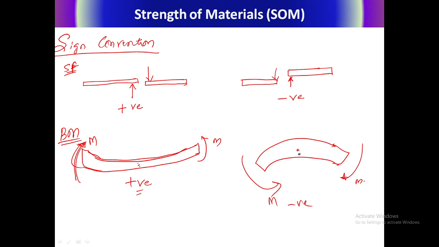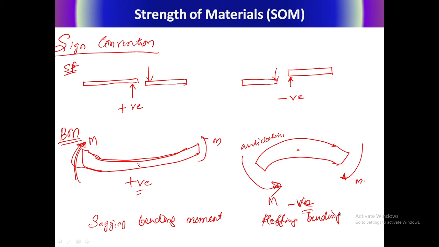About the point of a beam, if the left side portion tries to make an anti-clockwise moment, then you can call it a negative bending moment. That is the hogging bending moment. The sagging bending moment is the positive bending moment, and this hogging bending moment is also called the negative bending moment.